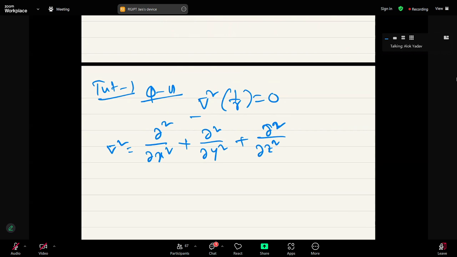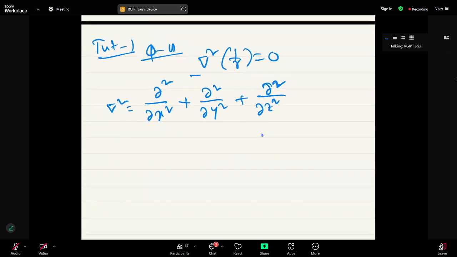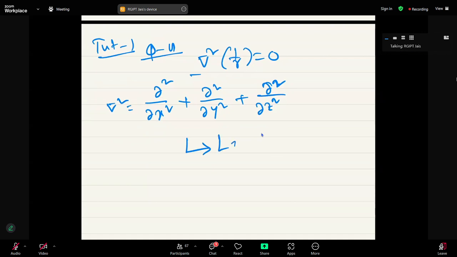I did not write it like gradient dot gradient, but you can do this. This is called the Laplacian operator. I don't know whether I mentioned this or not. It is basically gradient dot gradient.